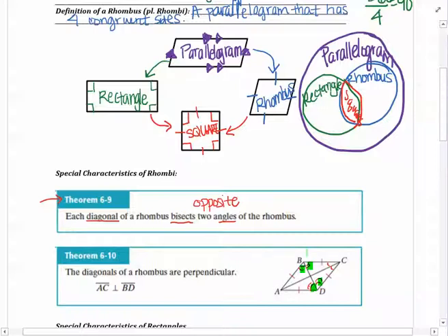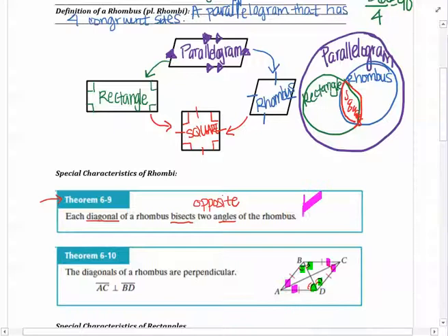Because remember, the entire angle, angle ABC, is congruent to angle CDB, because opposite angles of a parallelogram are congruent. So if you cut them in half, then they're still congruent. They're just halves of them. Okay, and then these 4 little angles here would be congruent to each other.